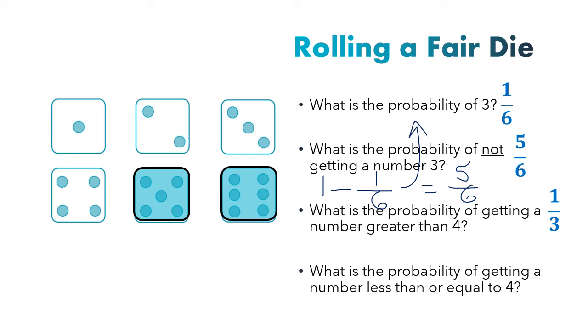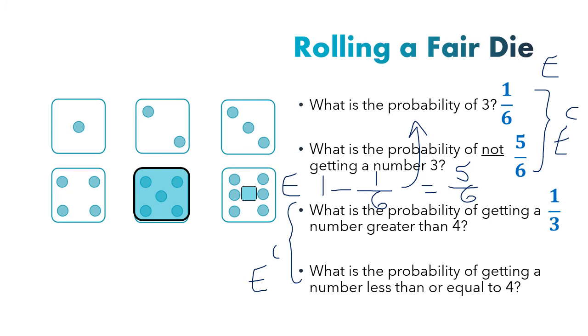What's the probability of getting a number less than or equal to 4? So notice how these two, we have event and we have complement of the event. The same as here, we have the event and we have the complement of the event. So this is going to be 2/3, or 1 minus 1/3, that's 2/3.